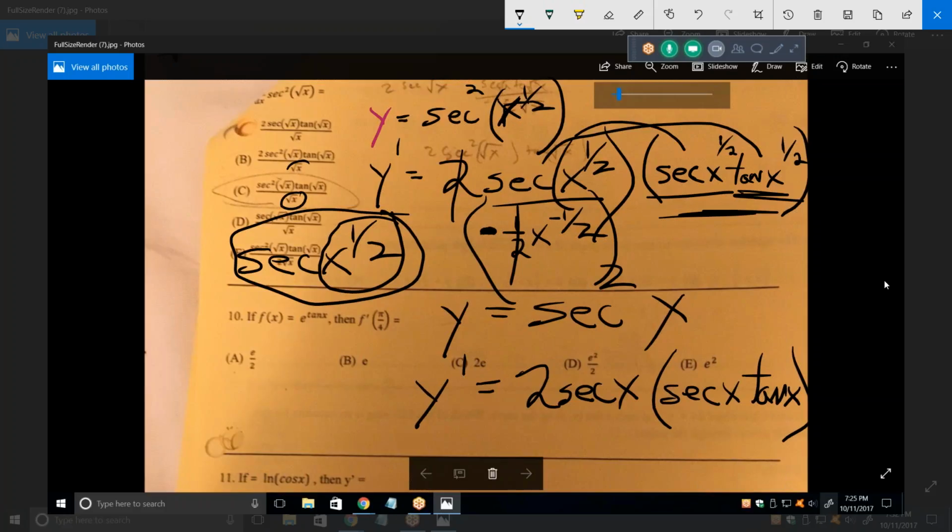We've done some related rates. He's spending way too much time on this stuff. It's merely a test of algebra, and it's hard for me to do.